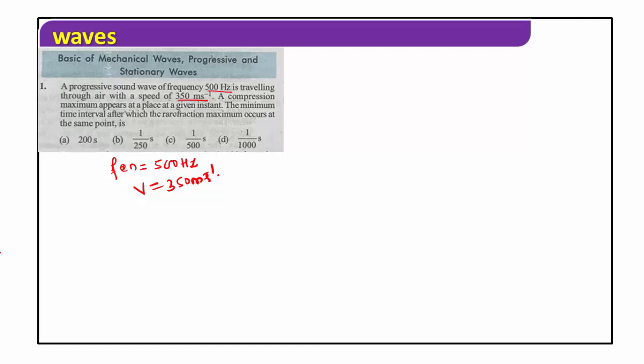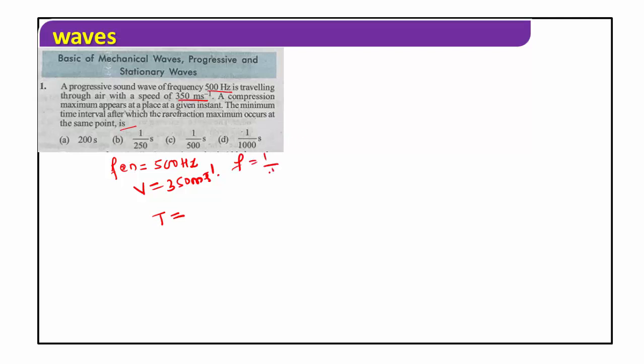A compression maximum appears at a place at a given instant. The minimum time interval after which the rarefaction maximum occurs at the same point is required. You know the formula: f equal to 1 by T.